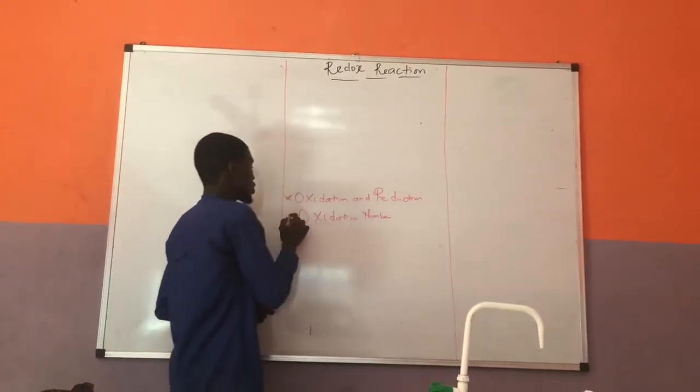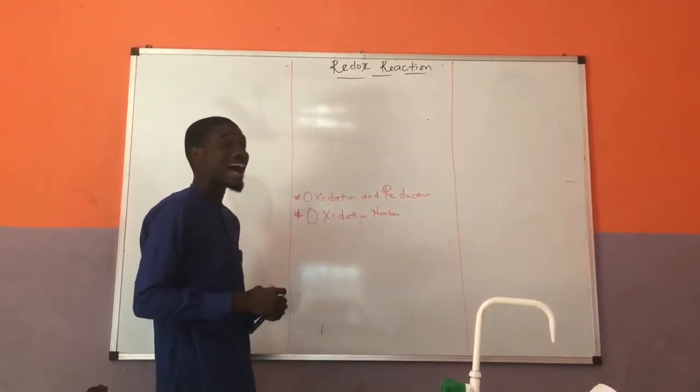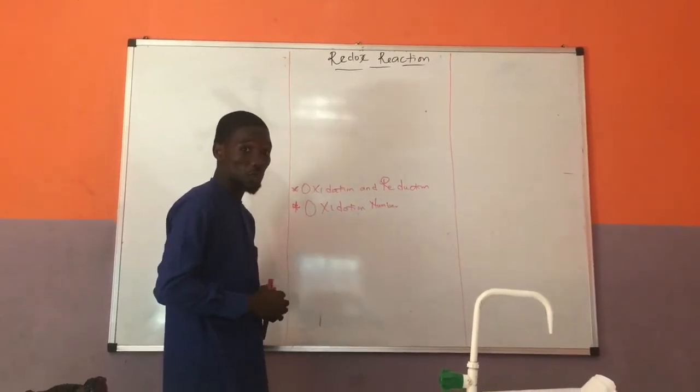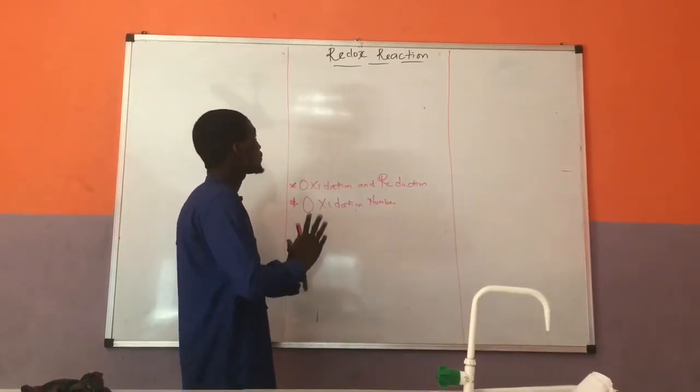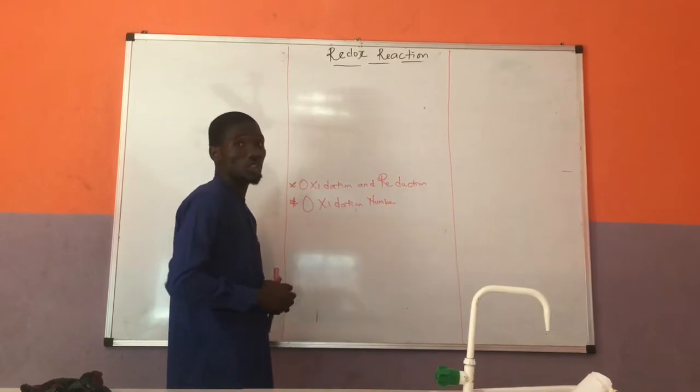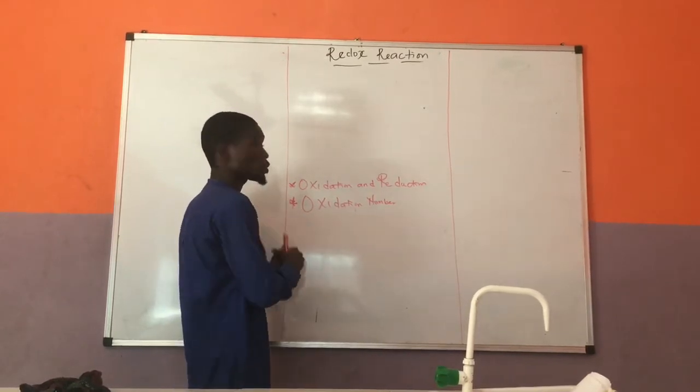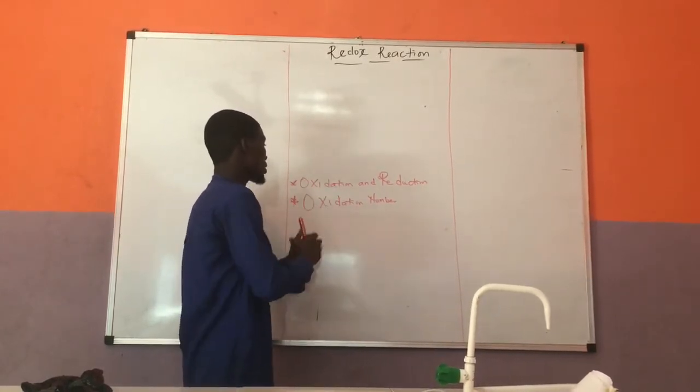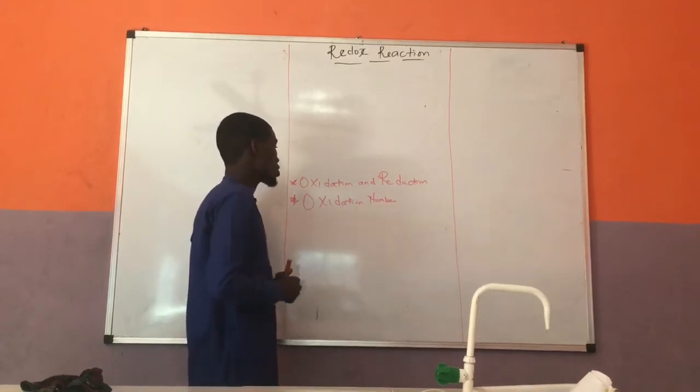These two have been deposited on my videos. So for you to have a full knowledge about redox reaction, you ought to understand the concept of oxidation and reduction and also oxidation number.